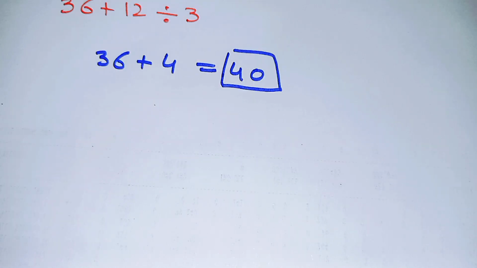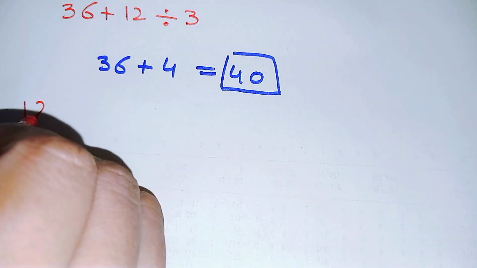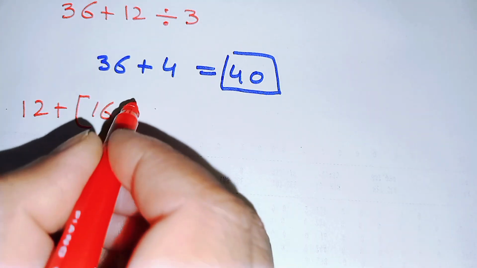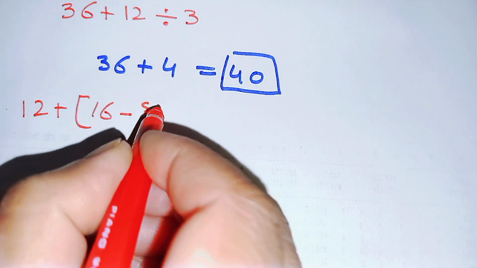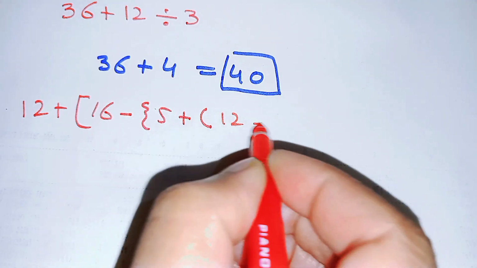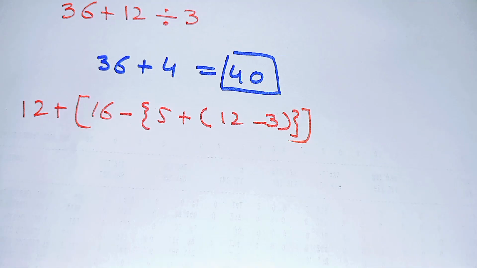Here is another question, which is 12 plus bracket 16 minus curly bracket 5 plus small bracket 12 minus 3, and then close all brackets.